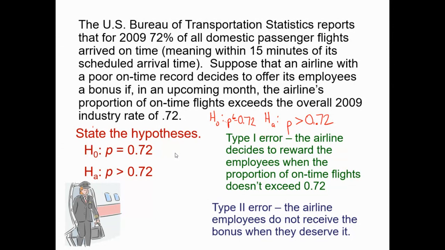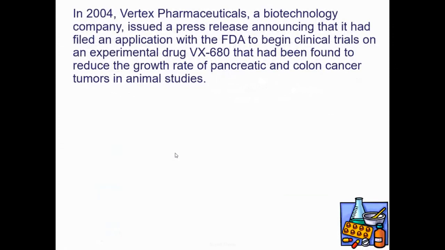Anyone still trying to get it written down? Okay. Next one. So in 2004, Vertex Pharmaceuticals, a biotech company, issued a press release announcing that it had filed an application with the FDA to begin clinical trials on an experimental drug that had been found to reduce the growth rate of pancreatic and colon cancer tumors in animal studies.